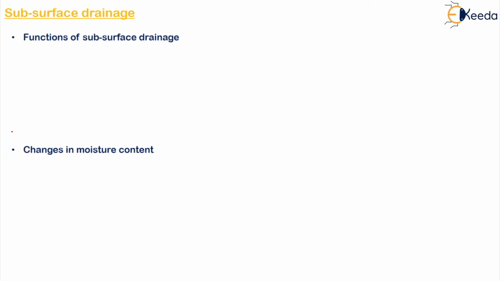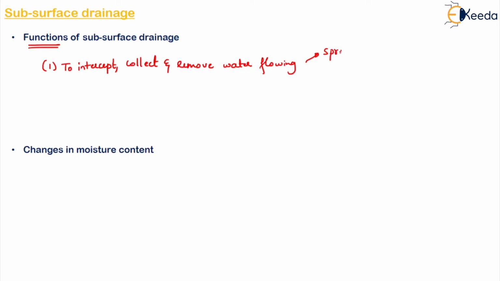So the first one is the function of the subsurface drainage. There are basically three important functions of the subsurface drainage. The first one is that it has to intercept, collect and remove the water that is flowing either from the springs or from the previous strata.